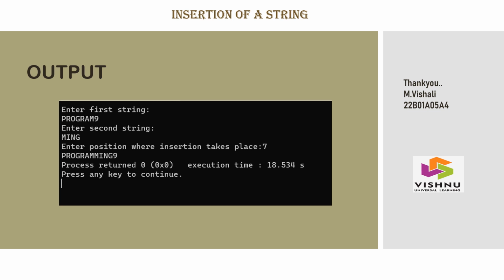In the main string, we have 9 at the 7th position. So the insertion will take place between M and 9. So the resulting string is PROGRAMMING9. Hence, the insertion of a string is completed.